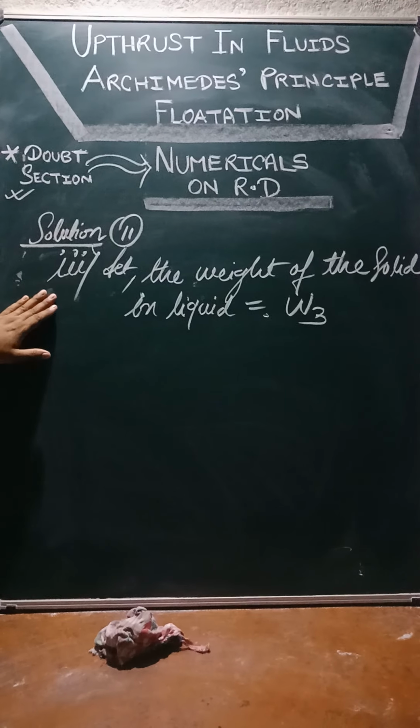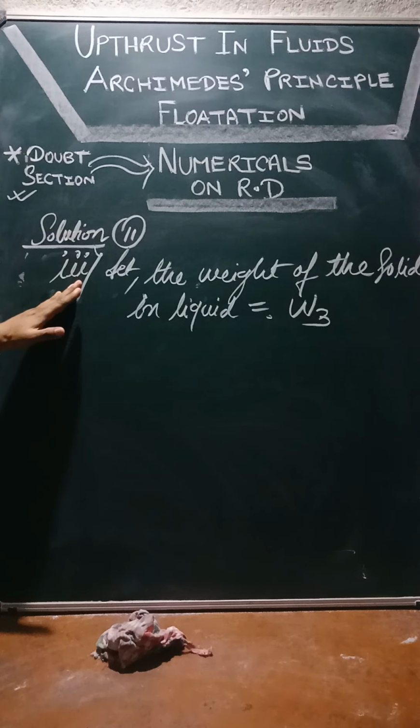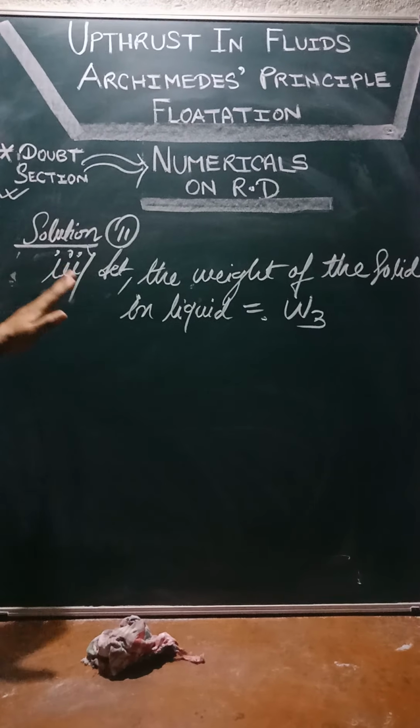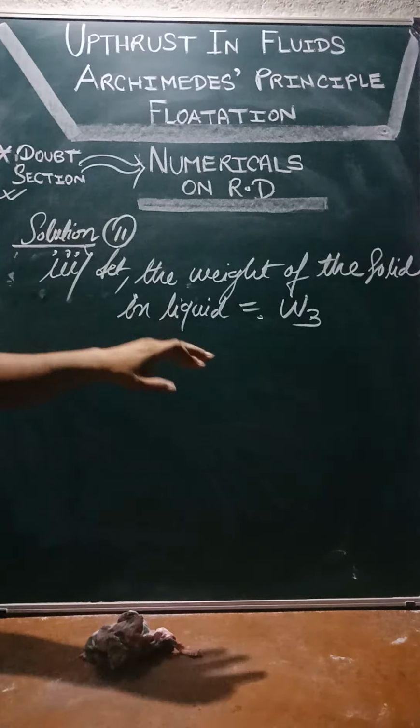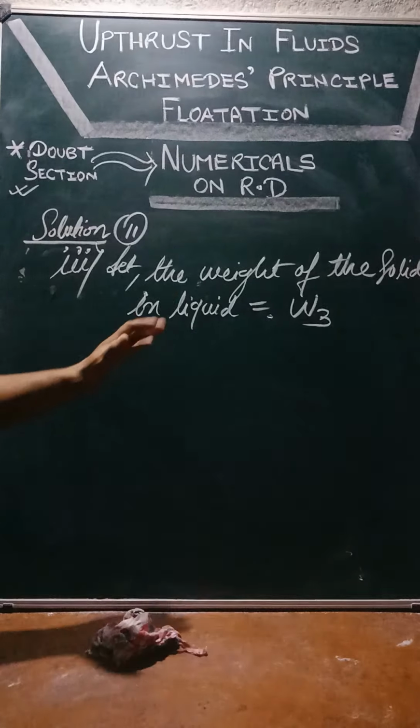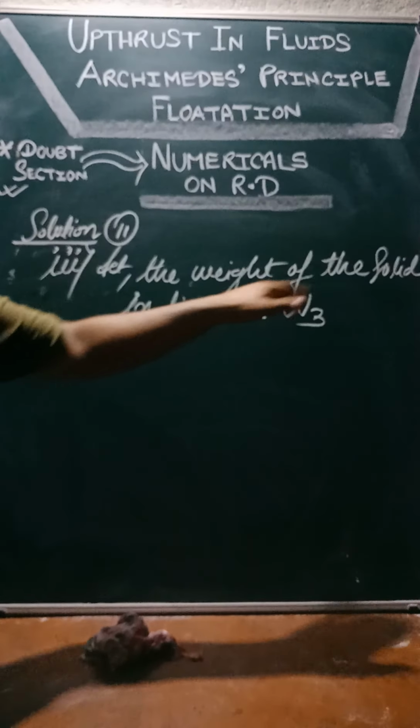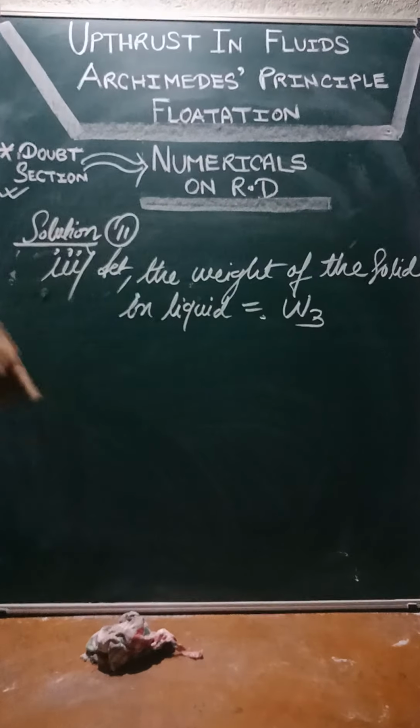So now students, we will finally focus on the third part of the given question, where we are going to find the weight of the solid in the given liquid of density 0.9. We consider the weight of the solid in that liquid as W3.